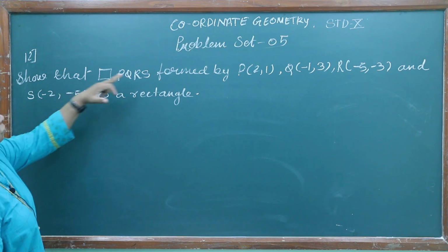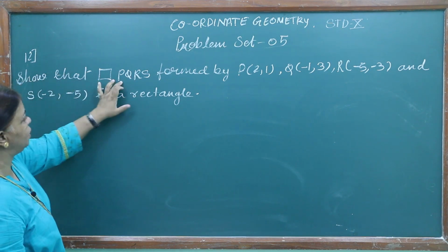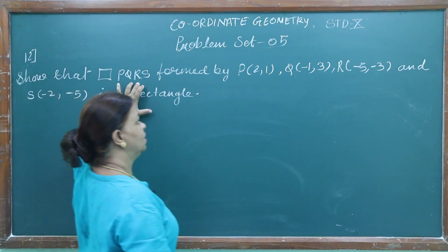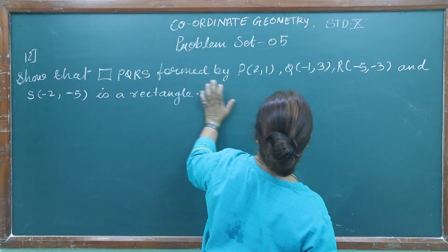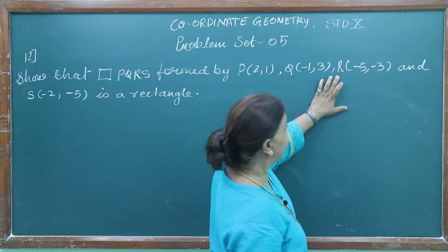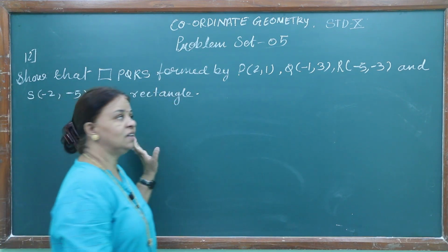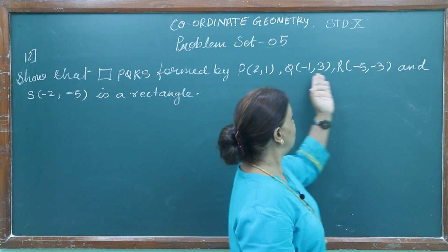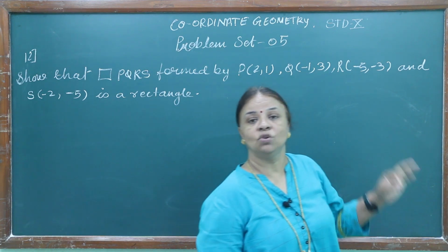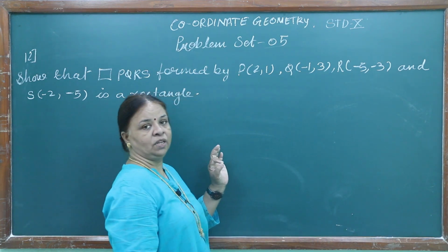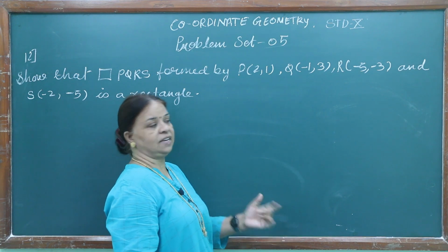12th sum from problem set, we have to show that PQRS, which is formed by P, Q, R and S, is a rectangle. We want to show that P, Q, R, S are the vertices of a rectangle, children. So what is the property of a rectangle?